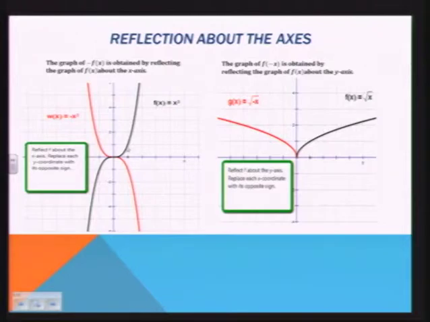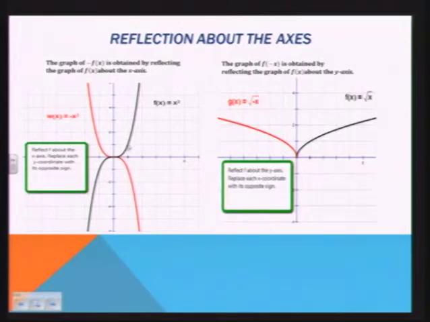Now, let's visually take a look at the actual point that lies on the f of x equals x cubed common function graph. You will note that (1, 1) is on your parent graph. However, if you were to reflect f about the x-axis, remember that you replace each y-coordinate with its opposite sign.